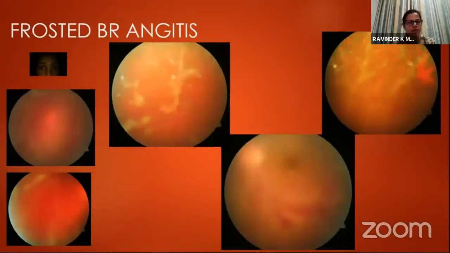Another young patient, a 22-year-old female, again presented with bilateral vitreous hemorrhage. And in the periphery, we can see areas of frosted branch angiitis. This was possible to see even through dense hemorrhage.